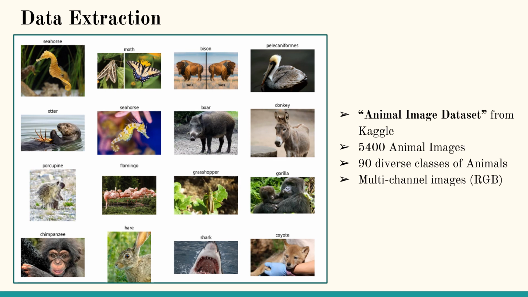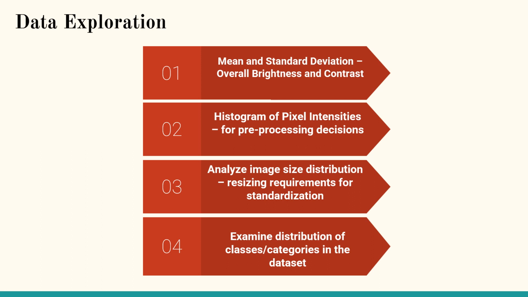So we got our data from Kaggle, which consists of 5,400 animal images and 90 diverse classes of animals. It consists of multi-channel images, which is RGB. For the data exploration part, we computed the mean and standard deviation in order to find out the overall brightness and contrast of the pixels.